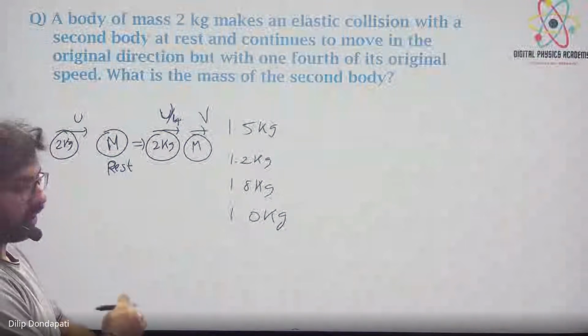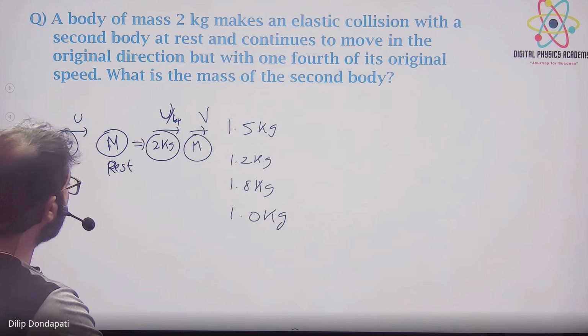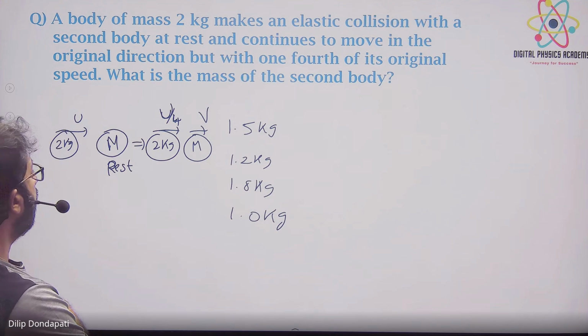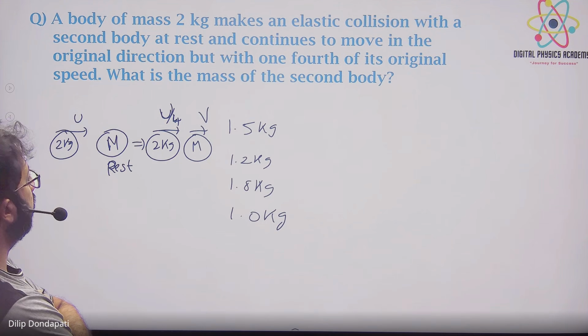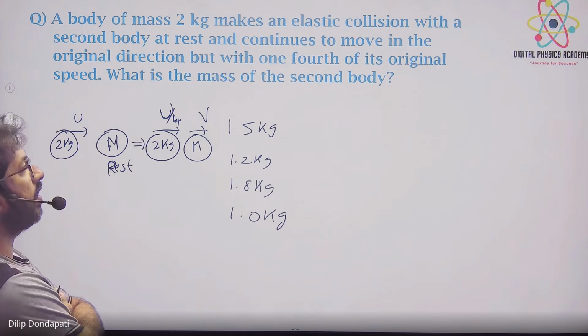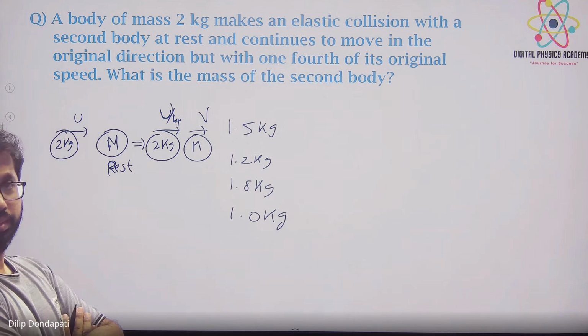So I got 1.2. We don't know. So what is 6/5? 1.2. Yeah. Follow the same steps. First, one equation of conservation of momentum and one equation of e value. Elastic collision, e value is 1. Solve.